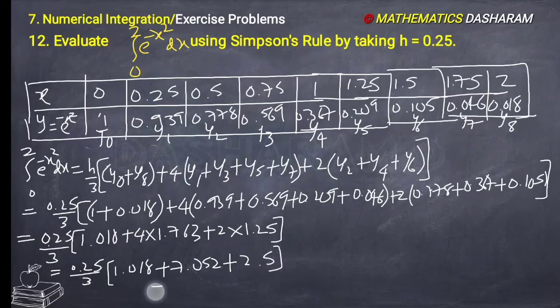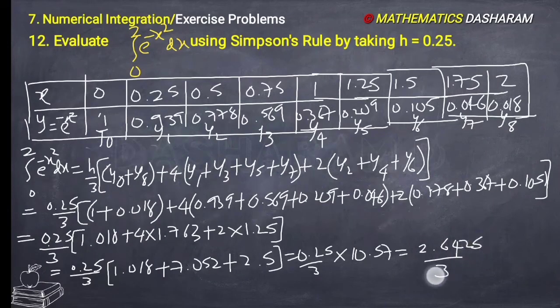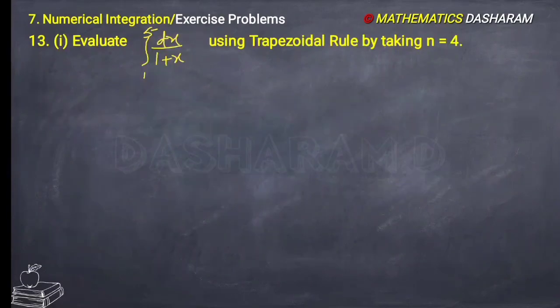Next it is equal to 0.25 divided by 3 into 10.57. So 0.25 into 10.57 is 2.6425 divided by 3. So it is equal to 0.88, which is our required answer.